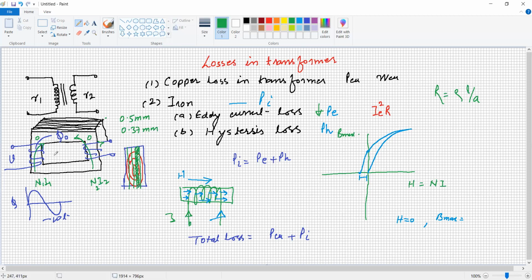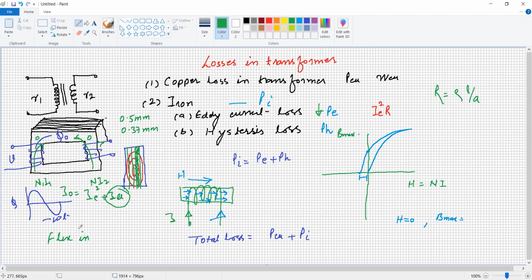So the flux created by the current in the secondary winding and the flux created by the current in the primary winding, due to the load condition, are equal and opposite, so they will cancel out. The flux produced by the no load current I0, which has two components, IE plus Imu or IM, the magnetizing current, will remain present at no load condition and full load condition. So we can say that the flux in a transformer remains constant irrespective of load condition.